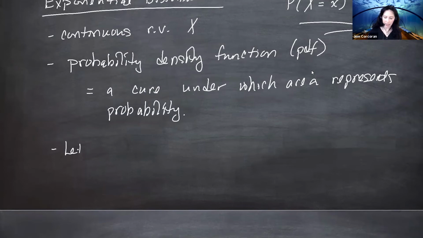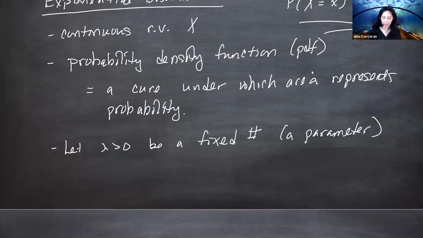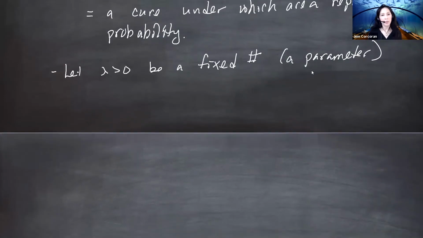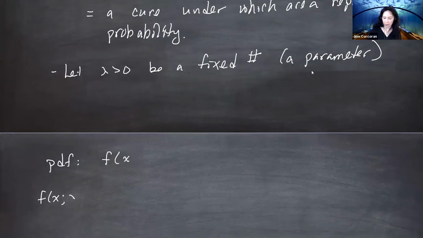So I'm going to let lambda greater than 0 be a fixed number, which is a parameter for this distribution. And there are two ways people write the exponential distribution. The PDF, probability density function, I'm going to call f of x, or maybe you want to put the lambda in there, f of x and lambda.